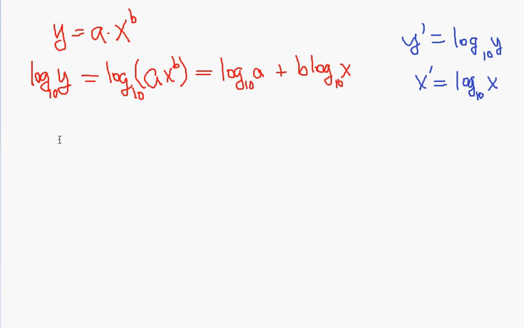And then this equation therefore becomes y prime is equal to a constant, logarithm of a base 10, plus b times x prime. So this is now an intrinsically linear model. Y prime is equal to constant plus another constant times x prime.